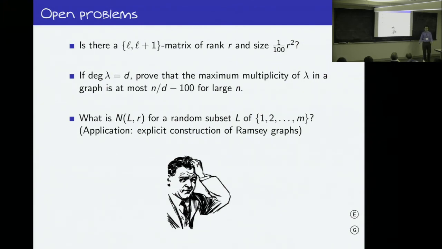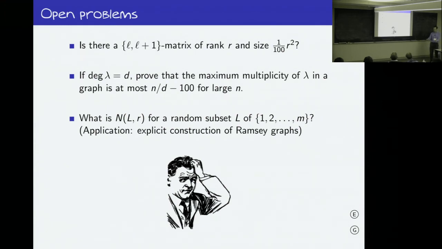I think I can do minus 1 or 2, but with some stupid arguments. To get n over d, everything has to be lambda conjugates, right? Can you improve the upper bounds? Not clear.